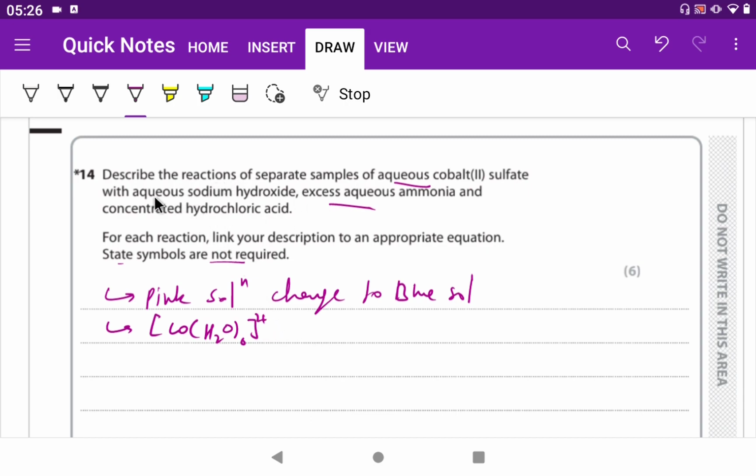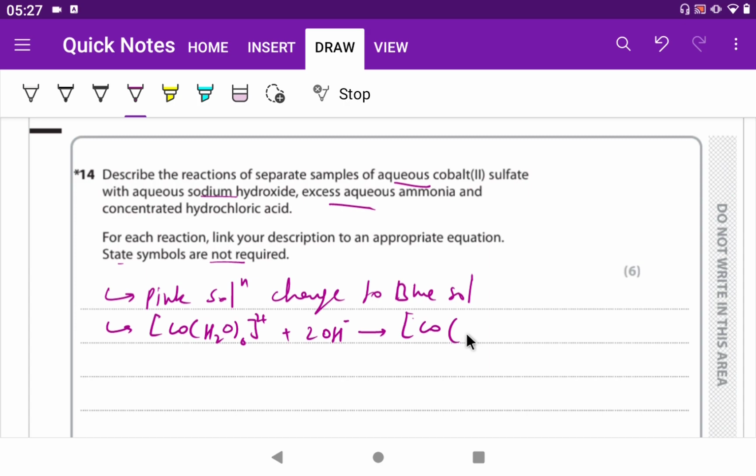And because we are adding aqueous sodium hydroxide, so OH minus, it will give 2 water molecules will be removed here and this will add here.